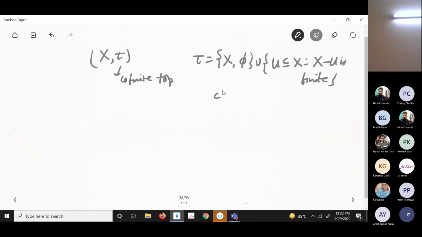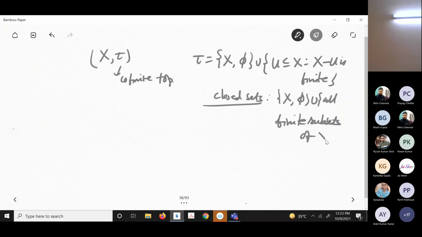So the closed sets are precisely X, phi, and all finite subsets of X. Obviously it's a T1 space, but if X is finite, then the cofinite topology will be discrete. So that's why I told you that when we take the cofinite topology, we take X infinite. If X is infinite, then it is not a discrete topology. If X is finite, it is the discrete topology, so it is Hausdorff.